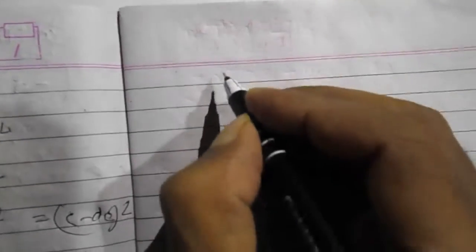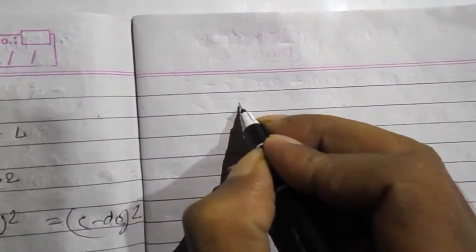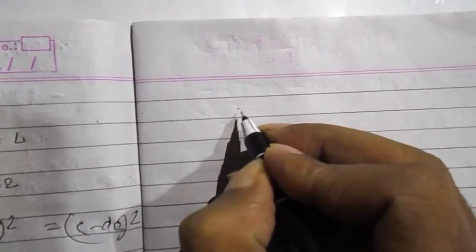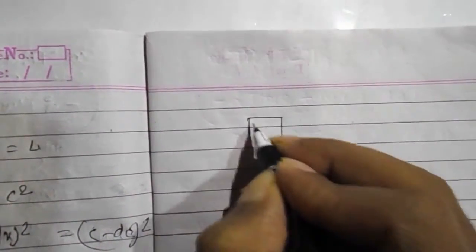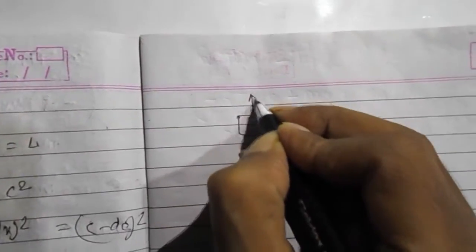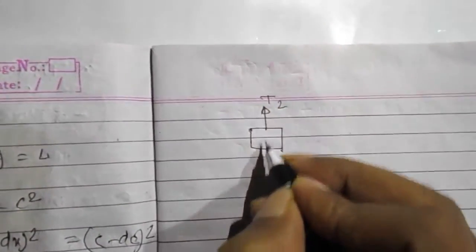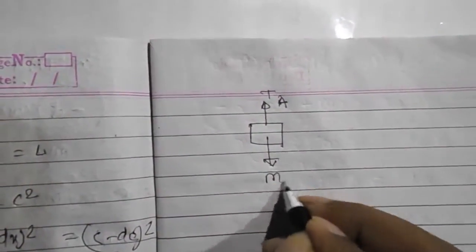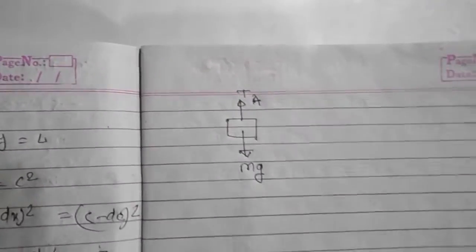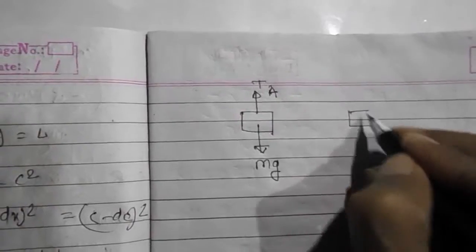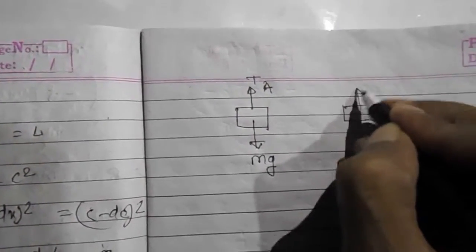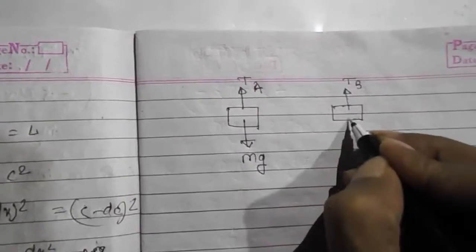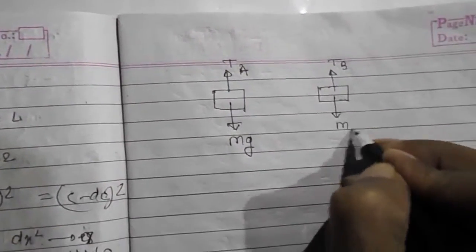Okay guys, so here T2, TA, and mg. Okay, mg, TA, and here TB, and downward mg.